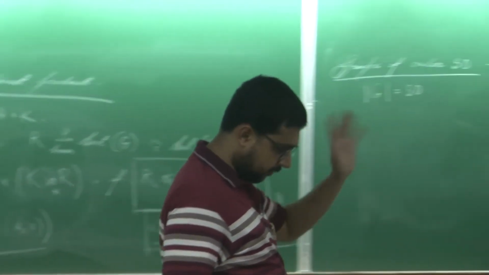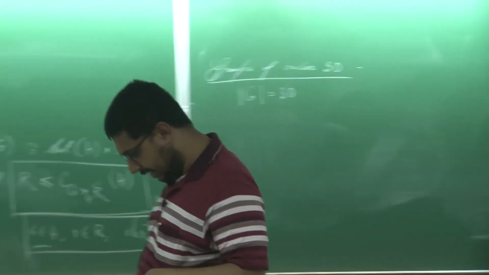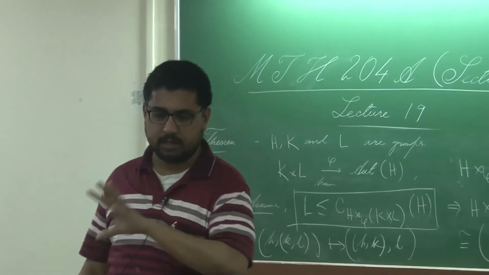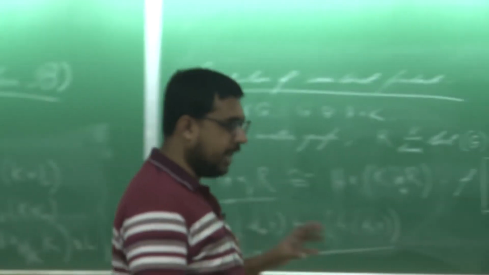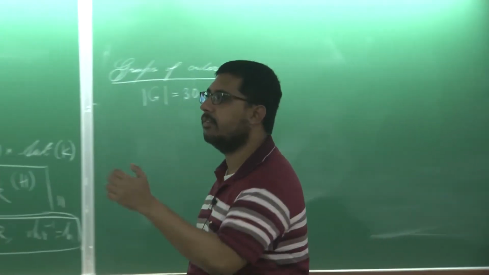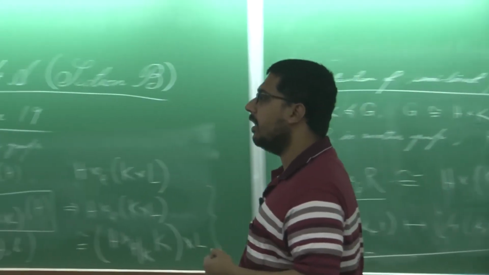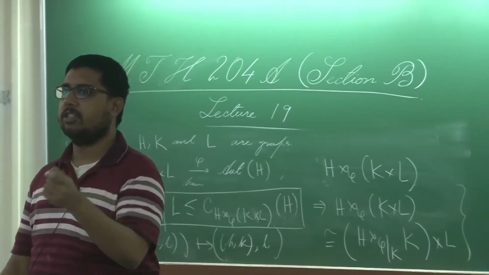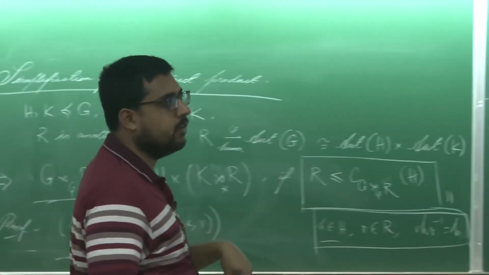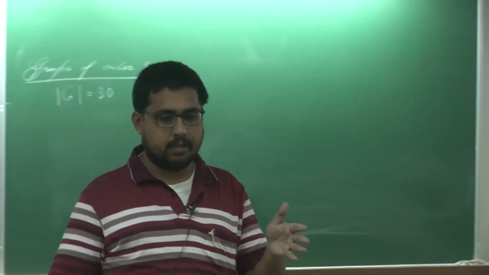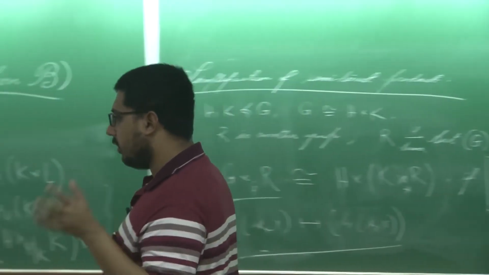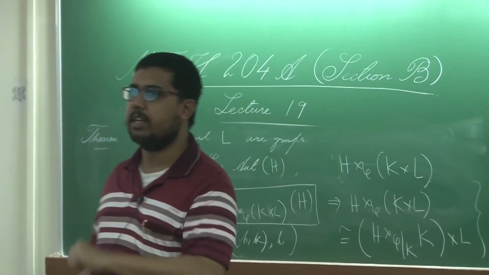So that shows us that our given group has to be some semidirect product of some of its subgroups. Then the next step will be to classify all possible isomorphism types of H and K. Next, we will try to find all possible homomorphisms from K to H. Thus, corresponding to any isomorphism class of H, isomorphism class of K, and homomorphism phi, this triplet leads us to a semidirect product.